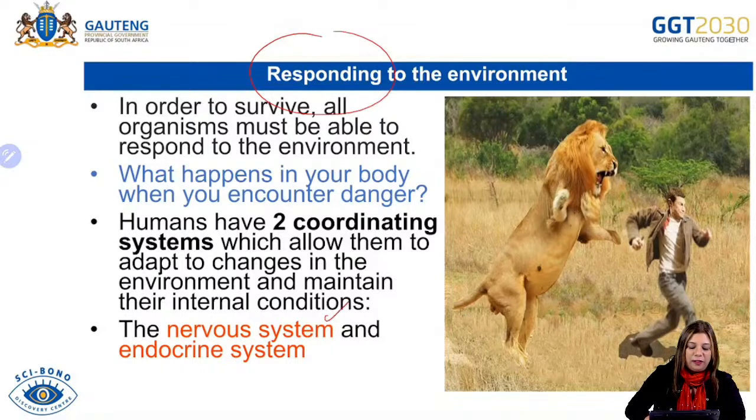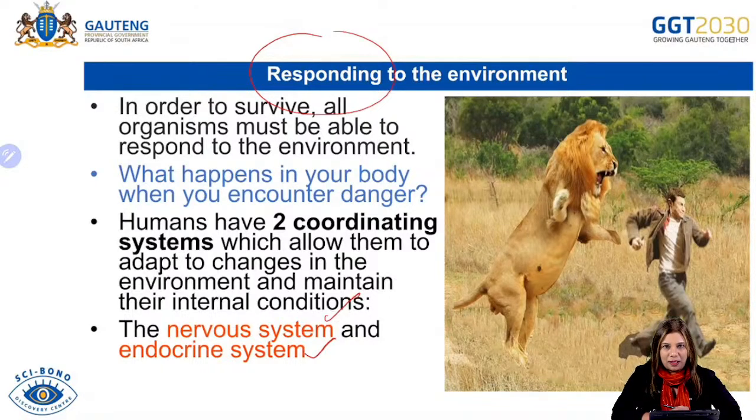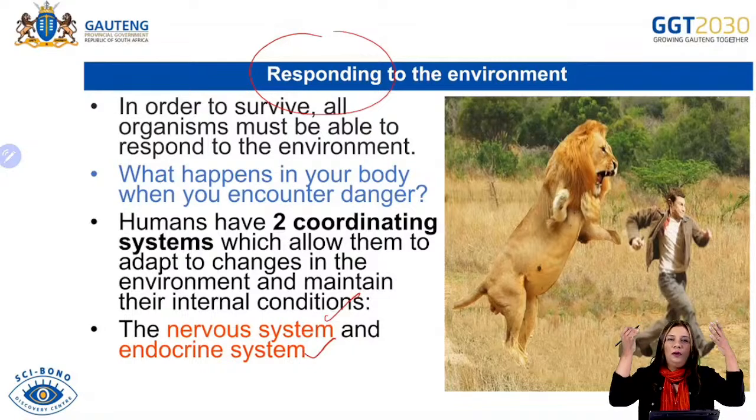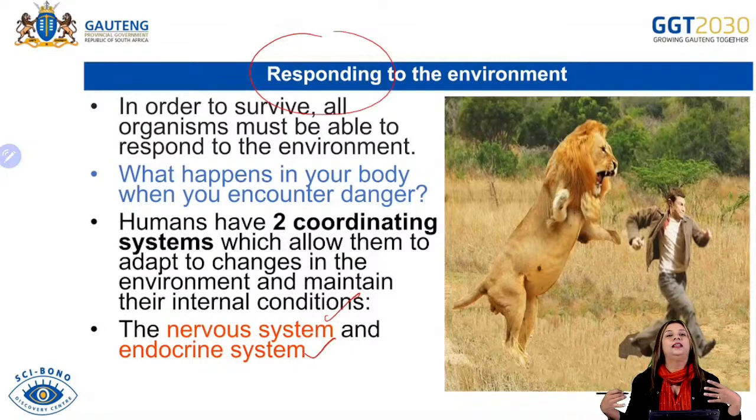We have the nervous system and we have the endocrine system, okay? So the endocrine system you are familiar with because you've done it in grade 11. For today, we are only going to focus on the nervous system. And the nervous system is basically a whole network of nerves that's in our body that goes through to every part of our body and allows us to pick up and respond to these stimuli or changes in our environment.